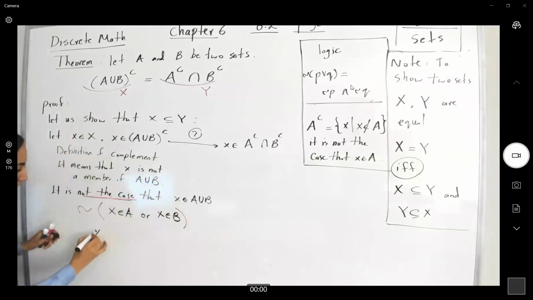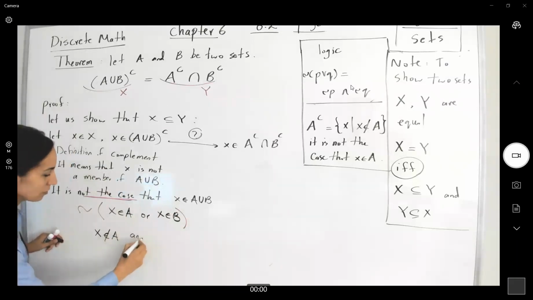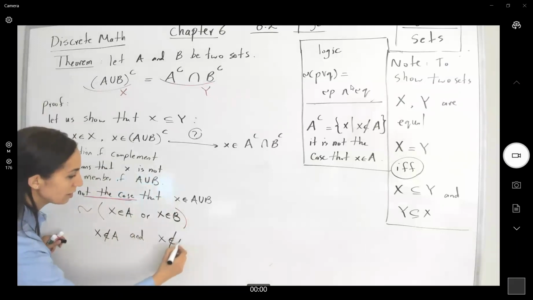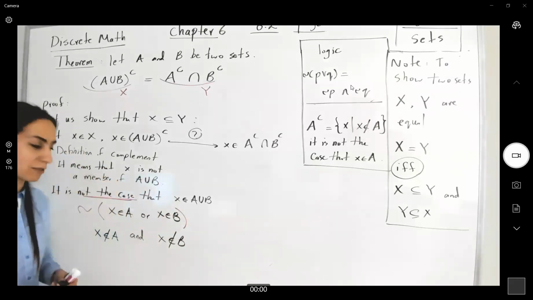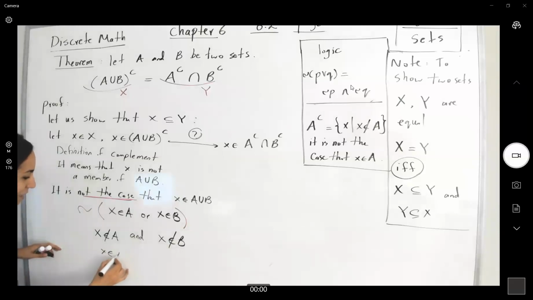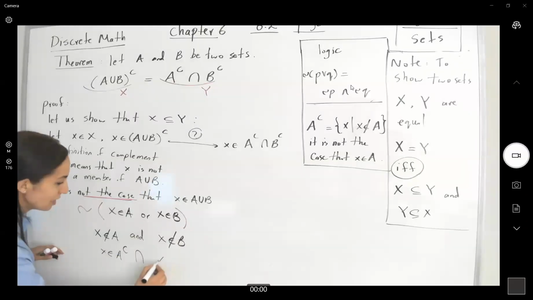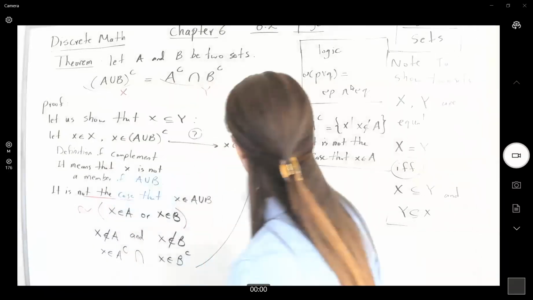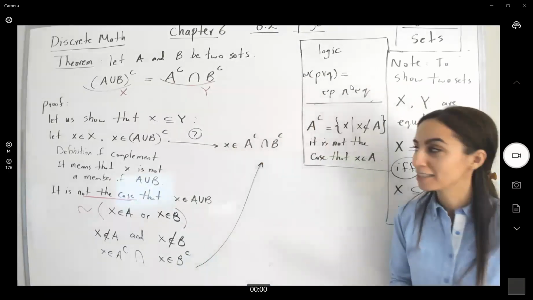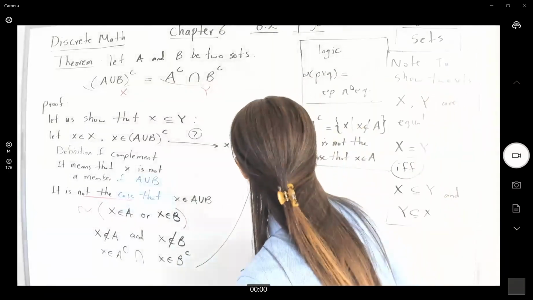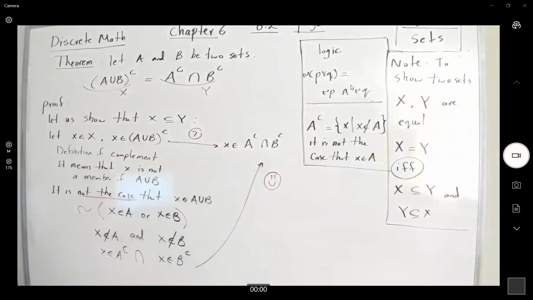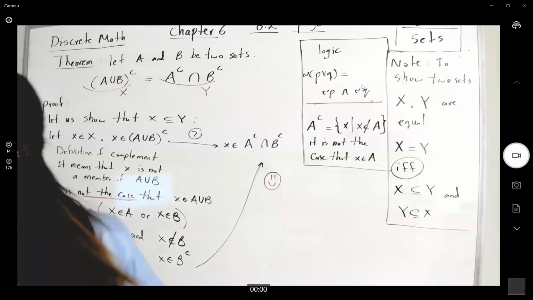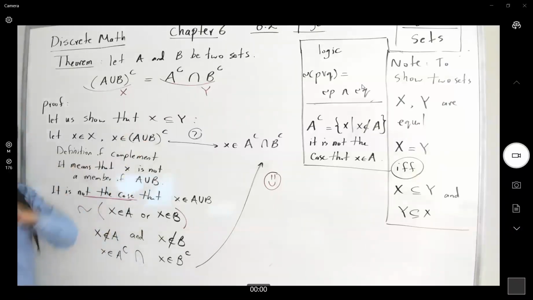We have X is not in A and X is not in B. What's the meaning of that? It means that X is in A complement and X is in B complement. X belongs to A complement and B complement. Okay, so we just showed that X is a subset of Y.